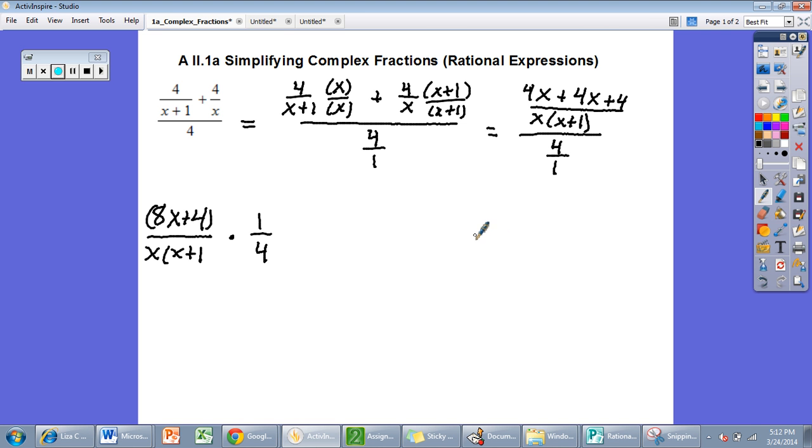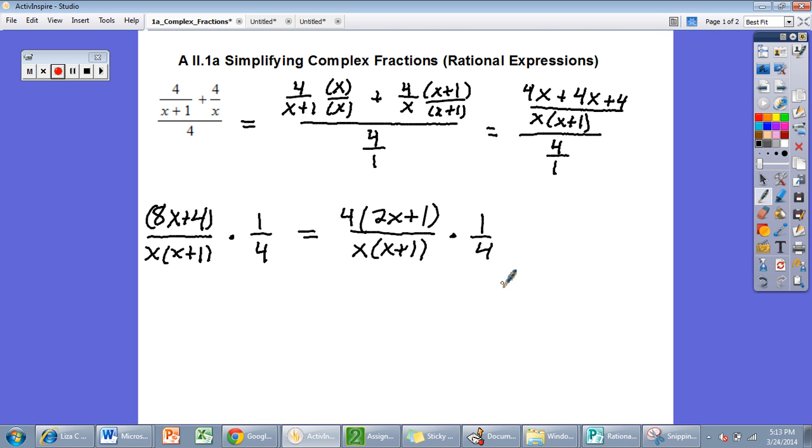Now what you want to say to yourself is, okay, I can go ahead and take out a common factor here of 4. So I'm left with 2x plus 1. Nothing's changed here. It's still x times x plus 1 times 1 over 4.